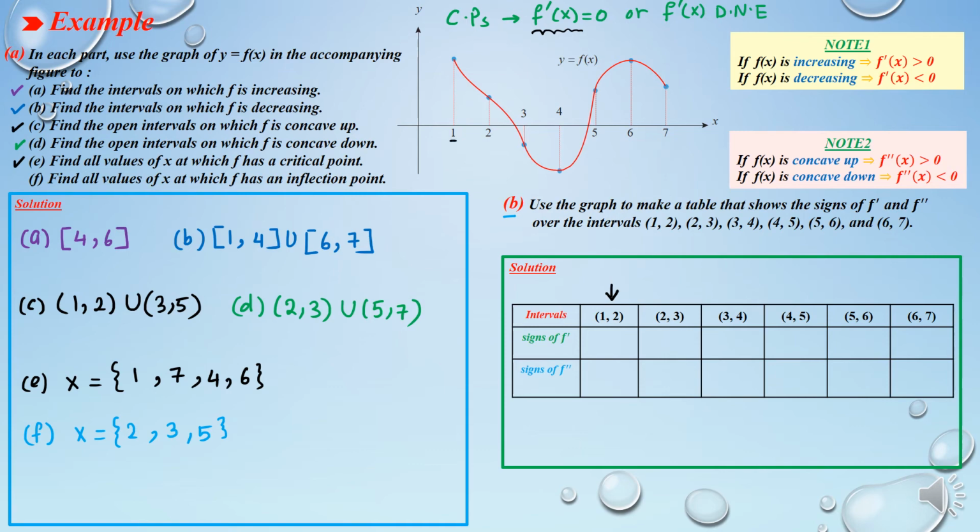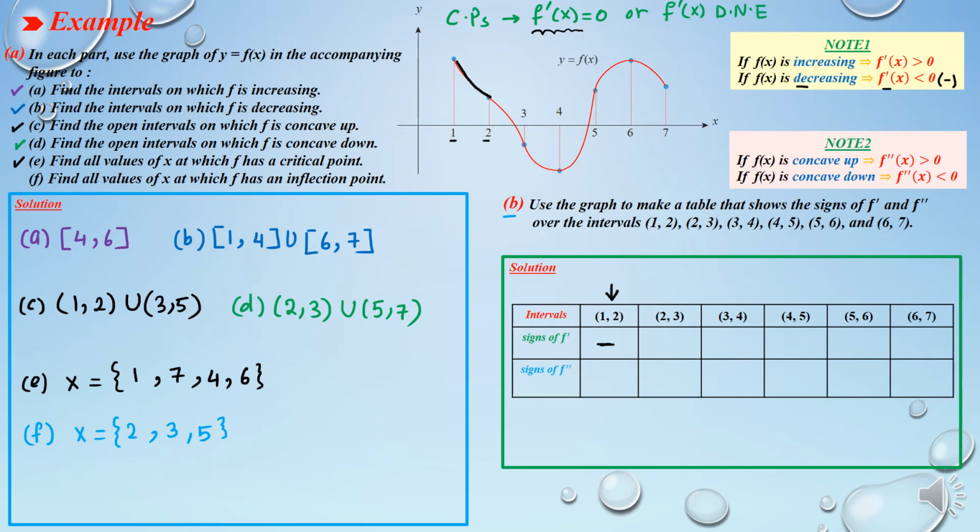As you see, the function is decreasing, and when the function is decreasing, this means f prime is less than 0, which means it is negative. So in this interval, f prime is negative.